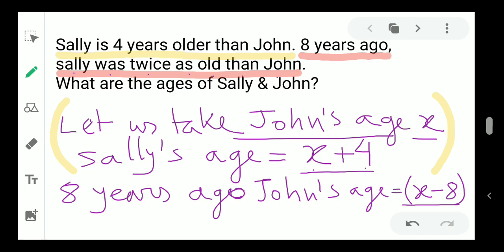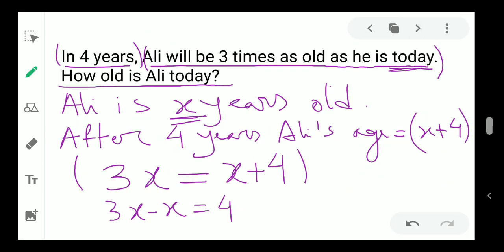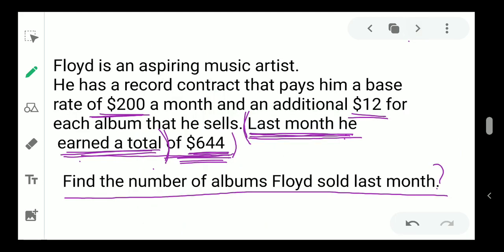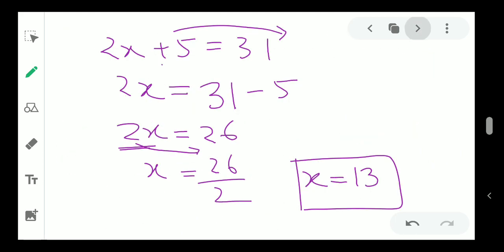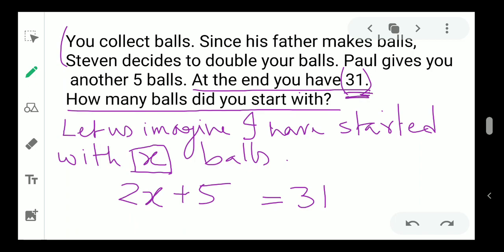Most of the problems that you will do will be easier like this only, not that complicated. So what you have to do, you have to see what you have to find out, and you have to take that thing as x, as we have done in these cases. Then we have to see whether we have any reference value or not, and that reference value will be on the right hand side automatically.